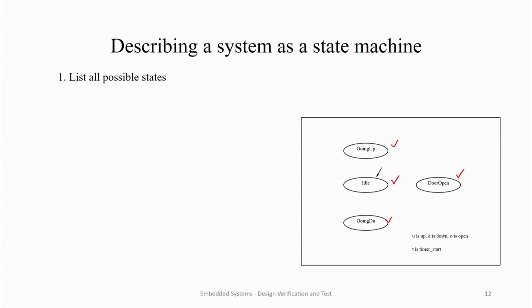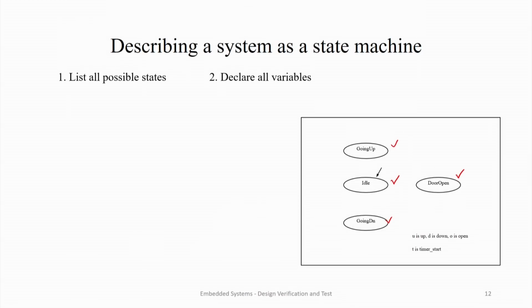There could be different ways of specifying the same functionality, and the meaning of the states could be different, but this is one possible way. So, we have 4 states here: idle, going up, going down and door open.